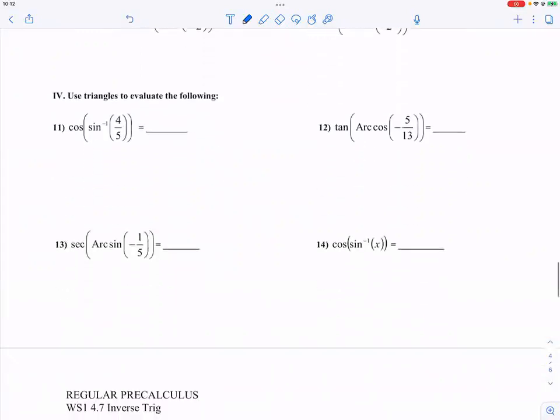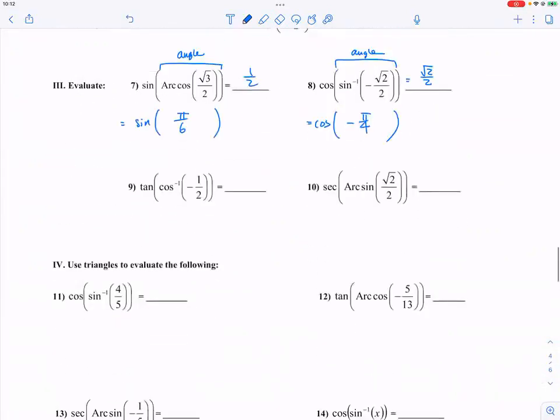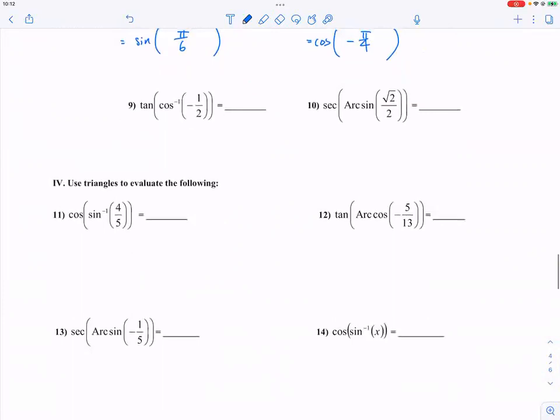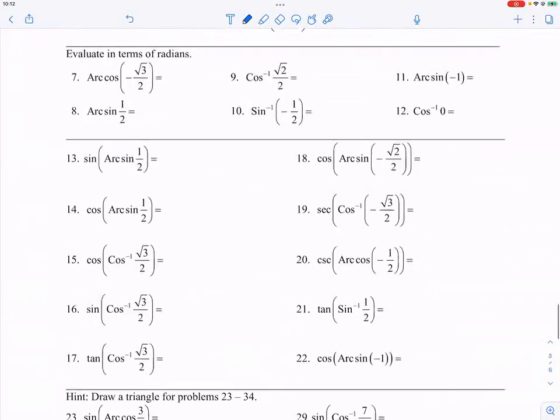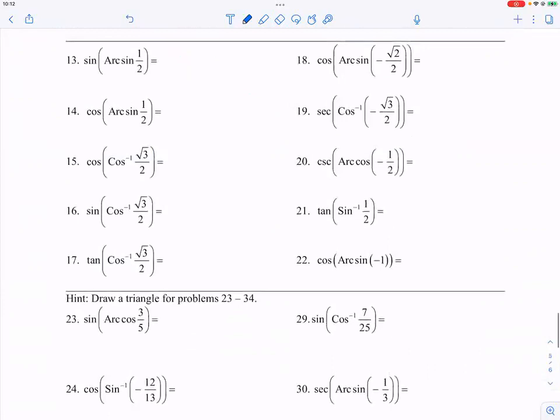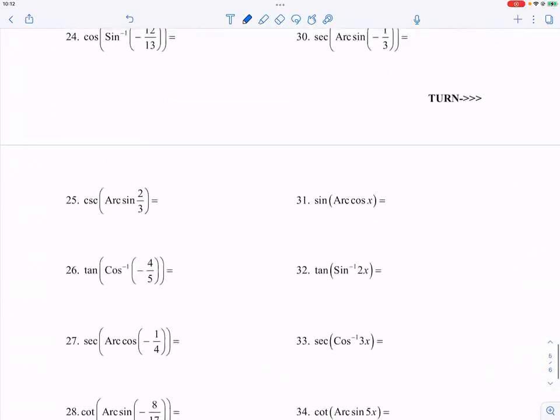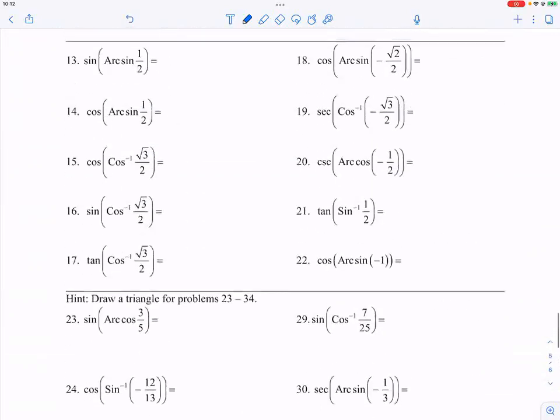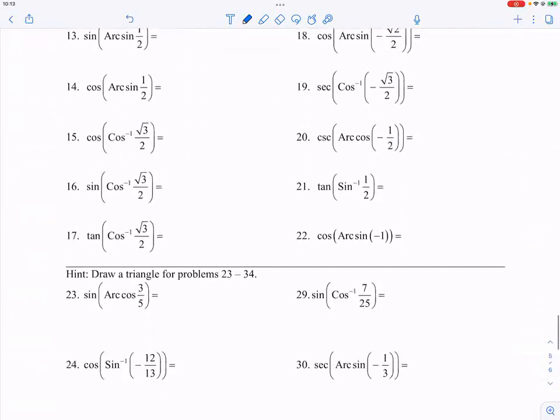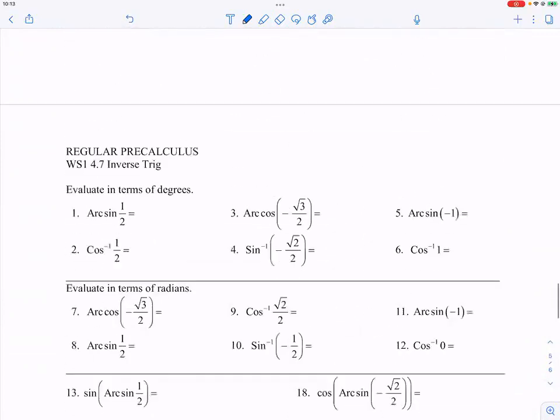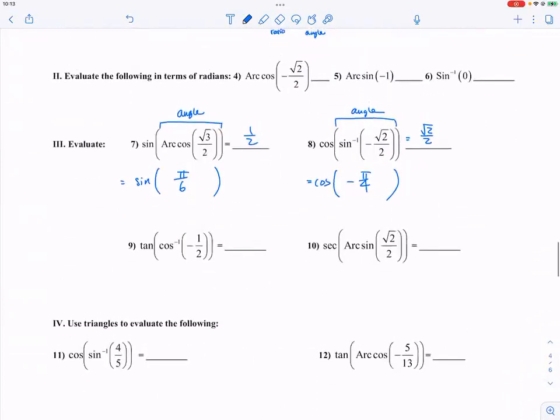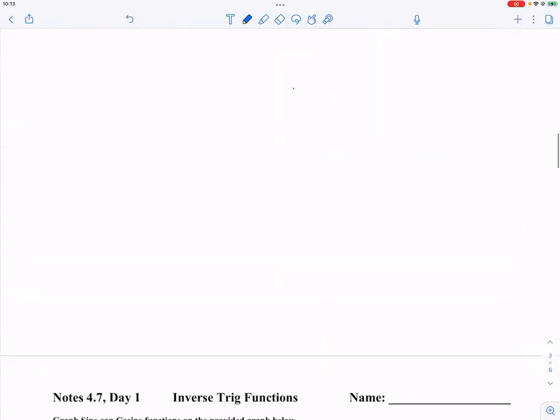Now I'm going to continue part 4 on Monday. So on the worksheet, I would urge you to finish 1 through 22. Please go ahead and do that. And then we'll talk about 23 and onwards next week. So it's pretty straightforward.